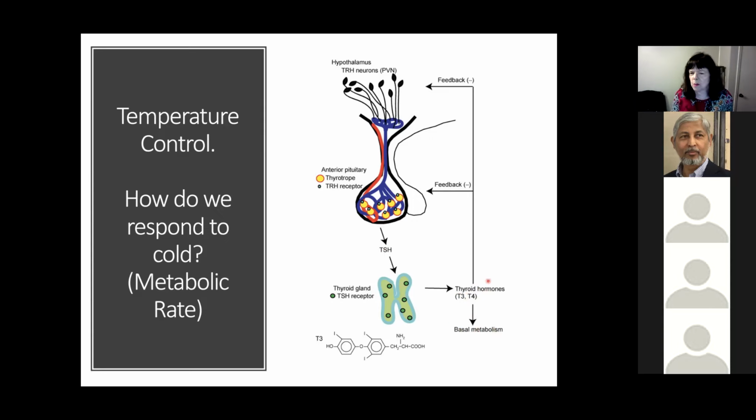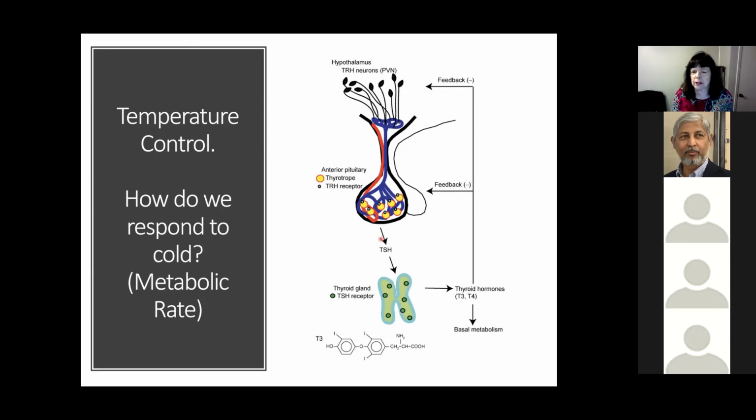And of course, these hormones are vital to feed back, and they will feed back to the pituitary thyrotrope, shutting it down when there's sufficient stimulation. And they'll also feed back to the TRH neurons, shutting them down when there's sufficient stimulation.